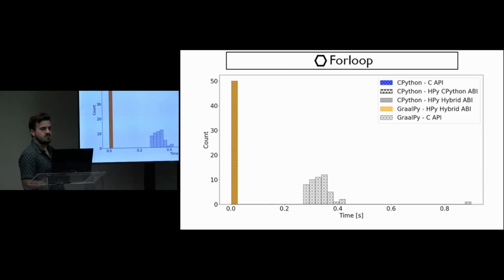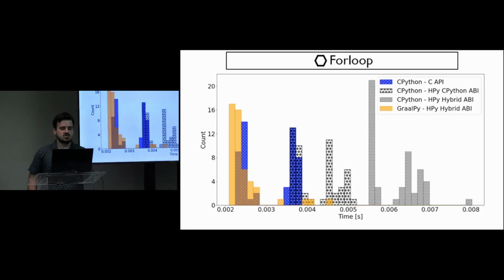Okay, so for the for loop benchmark, we see that GraalPy C API is terrible, as we expected. Like I said, GraalPy is terrible when running C API code. But then if we zoom in, we see that actually GraalPy with the HPy hybrid ABI outperforms CPython with the C API, which is incredible for us, because again, this is the thing to beat.